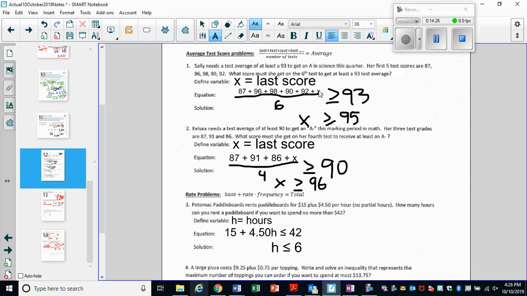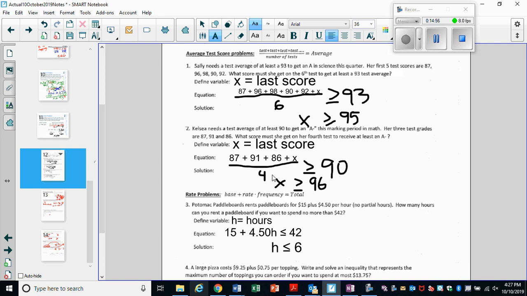So you need to add your data values, the ones that are given to you, plus the x, and then you divide by the total number of values, which for the first problem 6, second problem 4, and then in both cases it's at least, so it's greater than or equal to, and then you have the result, which is for the first problem 93, second problem 90.